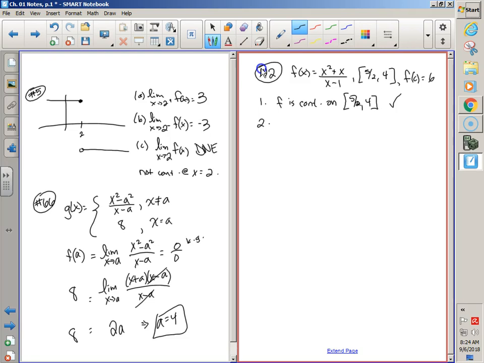Why am I saying? Intermediate value theorem. If a function f is continuous on a closed interval a to b, and if there is a value k within f of a and f of b... Ooh, we need to check and make sure that 6 is in between f of a and f of b. I think we did this yesterday.